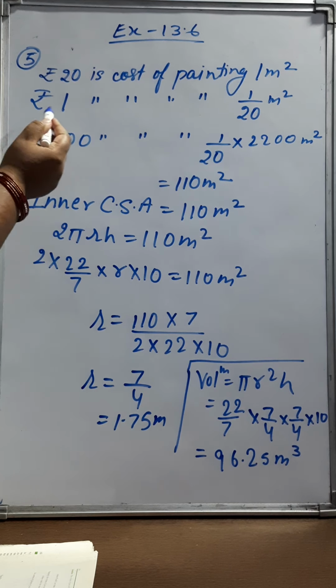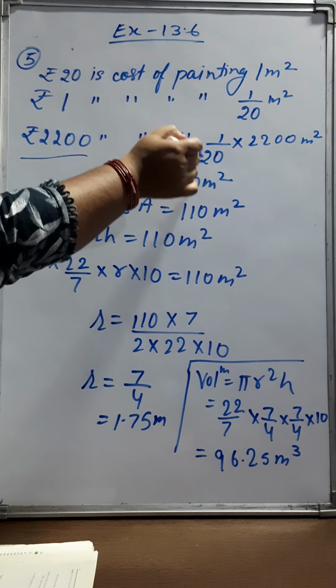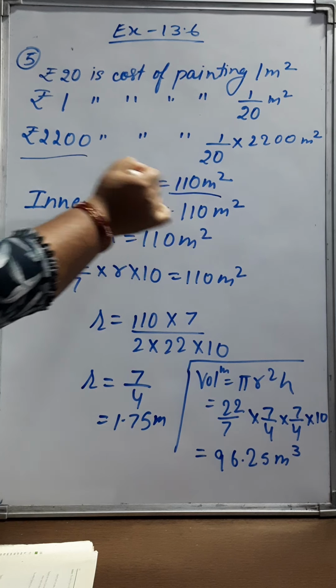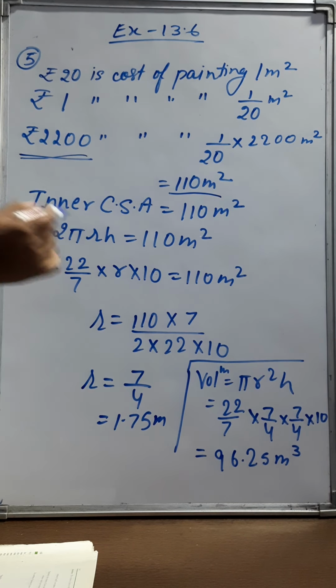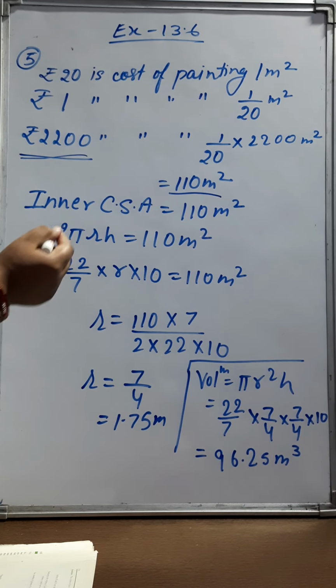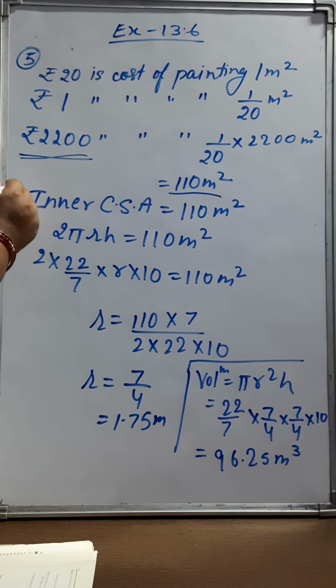So definitely rupees 1 is the cost of painting 1 by 20 meter square, or rupees 2200 is the cost of painting 1 by 20 into 2200 meter square, which will give you 110 meter square. This means in rupees 2200 we can paint 110 meter square. So we got the inner curved surface area of the cylinder as 110 meter square, which is the first part of the question.